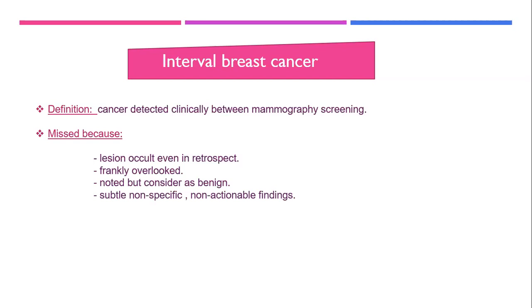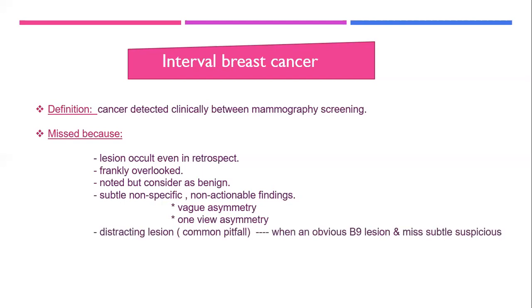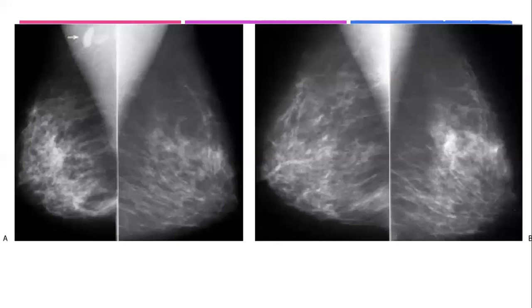Actually, this is non-actionable: a focal asymmetry, not highly dense, seen in a single view, is considered a non-actionable finding. Like vague asymmetry, one view asymmetry, or if there are distracting lesions, which is a common pitfall, like we have seen before in our examples, when an obvious benign lesion and subtle suspicious findings are sitting next to it. Okay, that is the interval cancer.